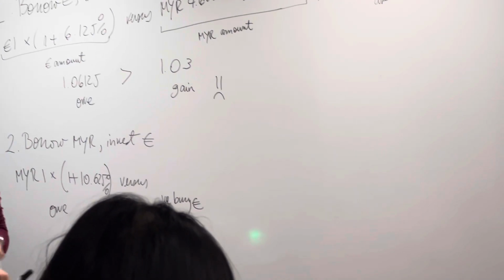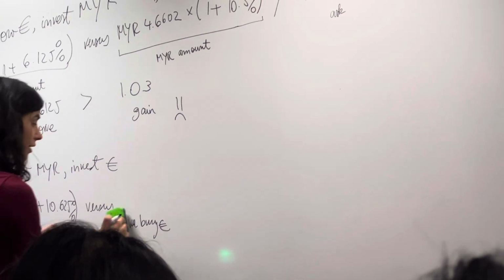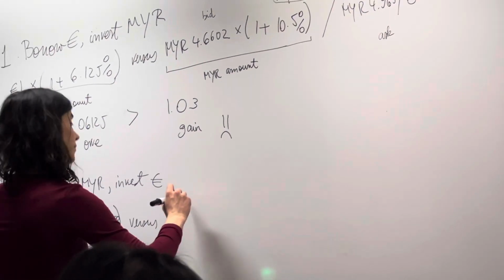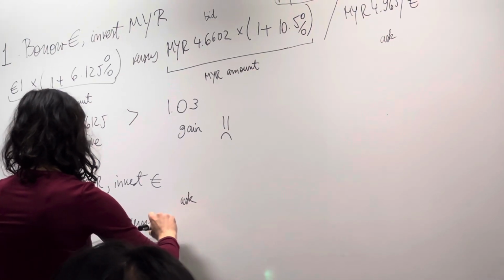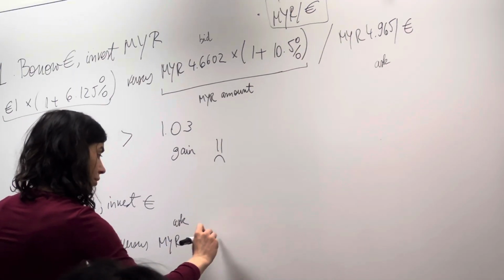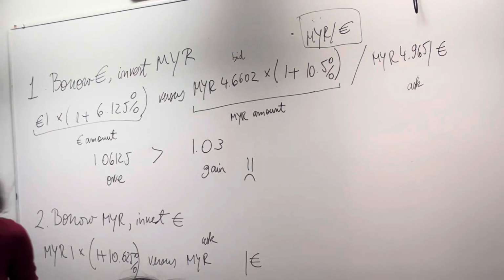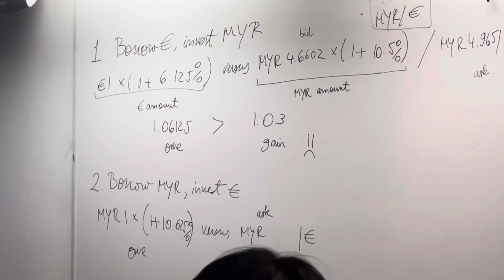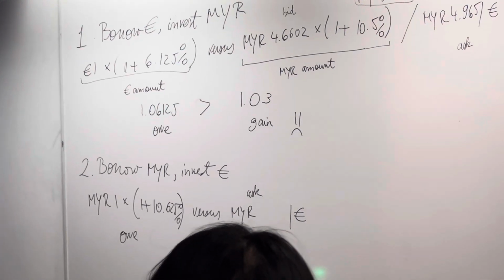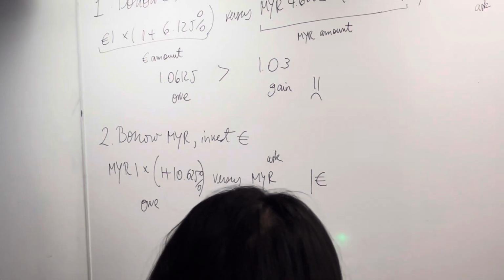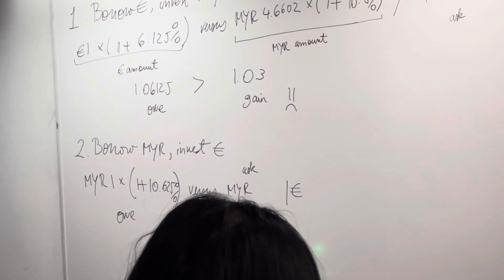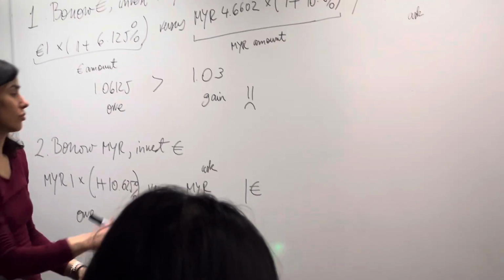So, ask rate. So the bank sells. So we use the ask rate. So the ask rate is, where is the ask rate? 4.6622.